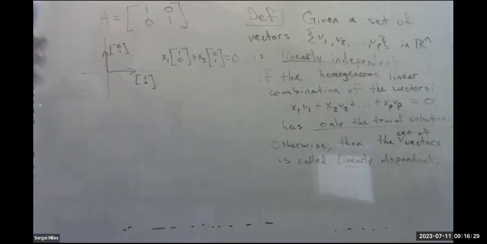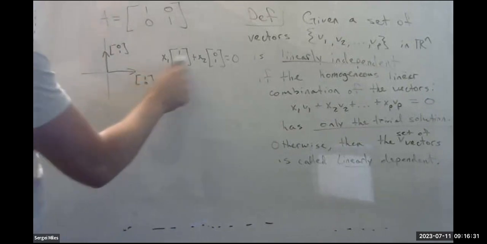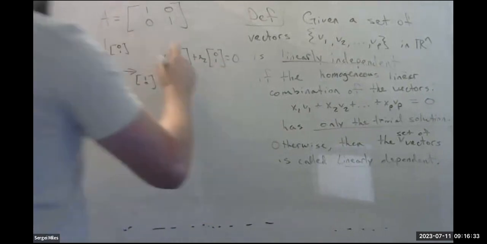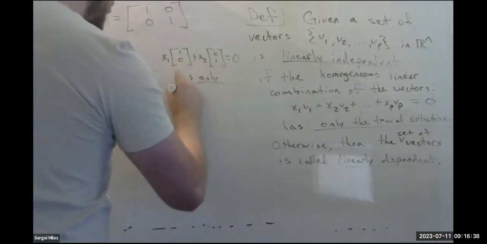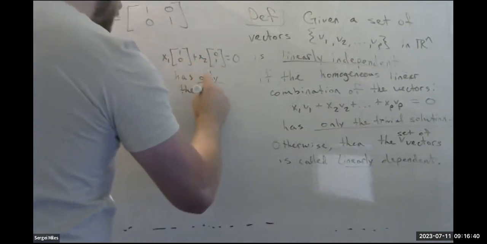Which means the only way for these two vectors to add together to give me 0 is if I multiply each one by 0. It has only the trivial solution.